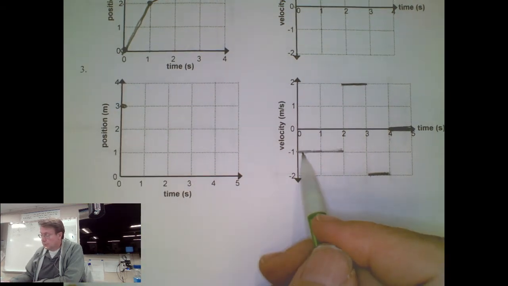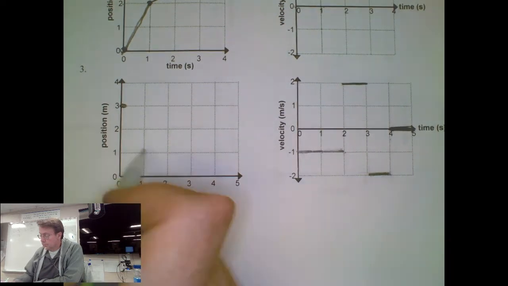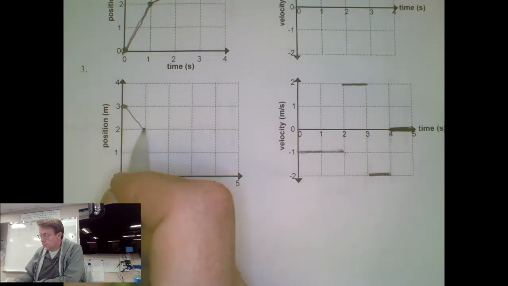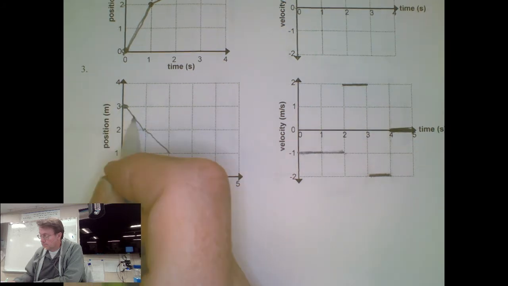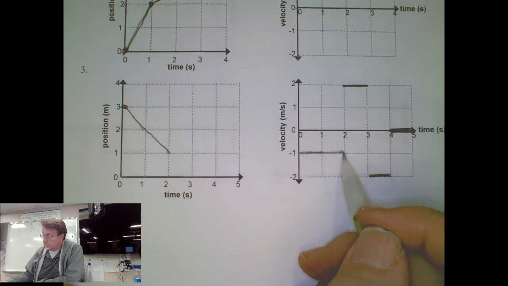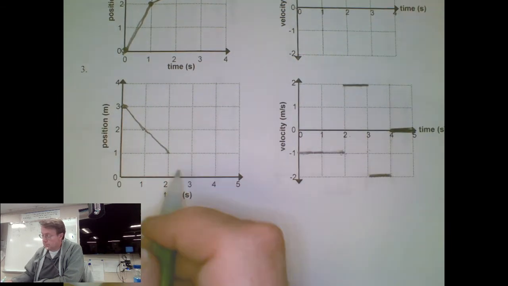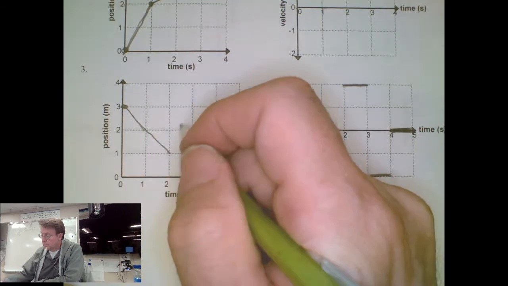So for the first 2 seconds, I'm going to go -1 slope. So down 1 over 1, down 1 over 1. Now for the next second interval, from 2 to 3 seconds, I have to have a +2 slope. So it's up 2 over 1.